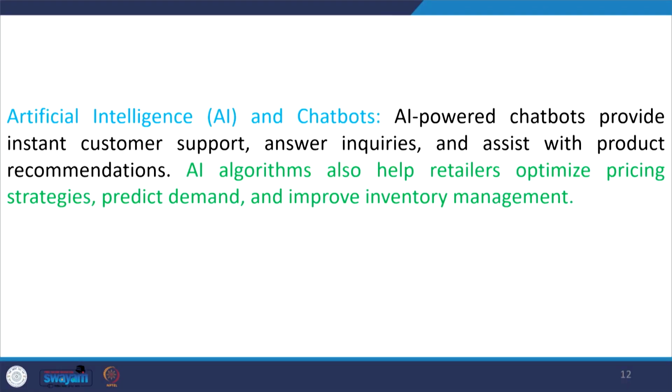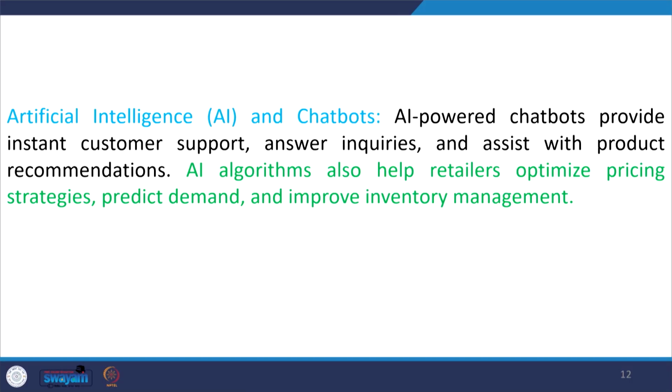Now, these are being used for taking orders, cancelling orders, providing information regarding products, registering complaints, checking the status of complaints, checking the status of orders, and even for recommending products as well. And when coupled with AI algorithms, these also help retailers in optimizing pricing strategies, predicting demand, and managing as well as improving inventory based mechanisms.